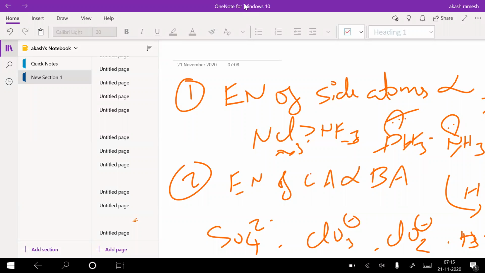Is it that much of a tough question? ClO3 minus. Okay, fine. ClO3 minus is not the answer actually. Anybody else? Yes, Siddharth, you're right. CO2 is the one, right?